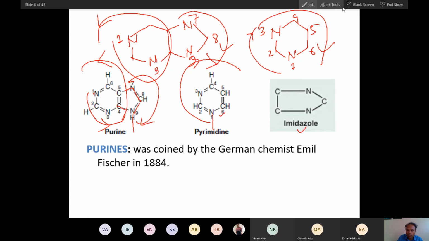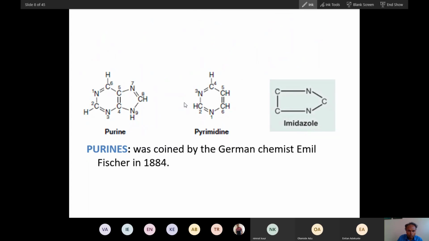You have to memorize the numbers like this. At least number 9 comes here and number 1 comes here. This is how you give a number to a particular atom in purine and pyrimidine.